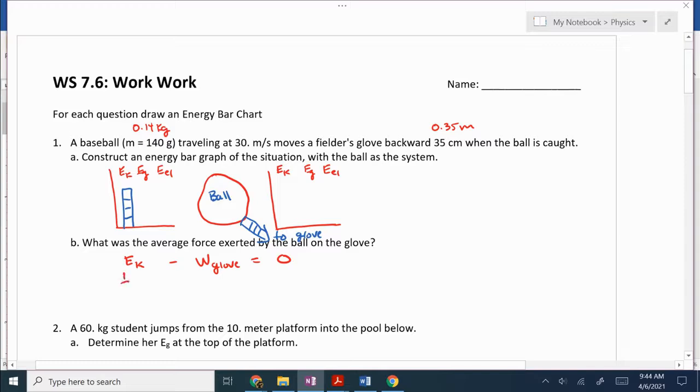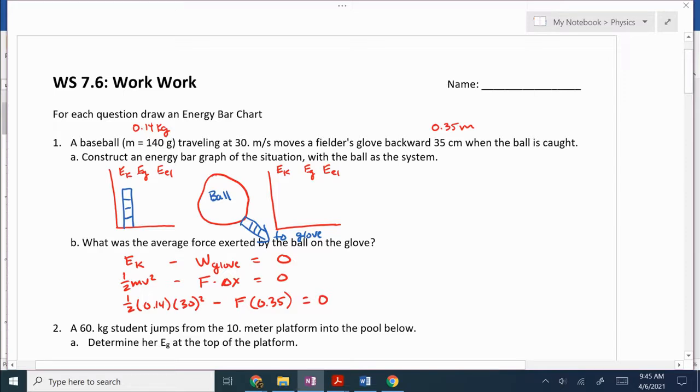So that's going to be 1/2 mv squared minus, because we are looking for the force, we're going to change that to F times delta x. So that's 1/2 the mass, 0.14, times the velocity, 30 squared, minus F times delta x, which was 0.35.